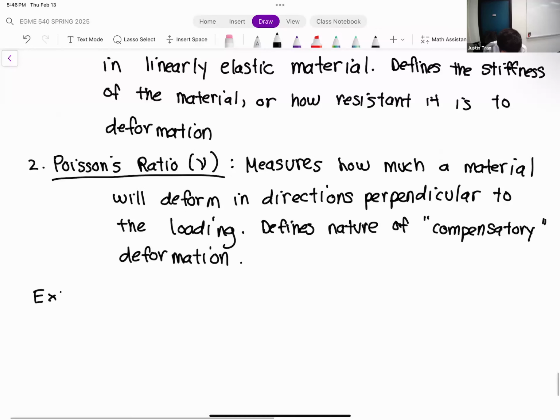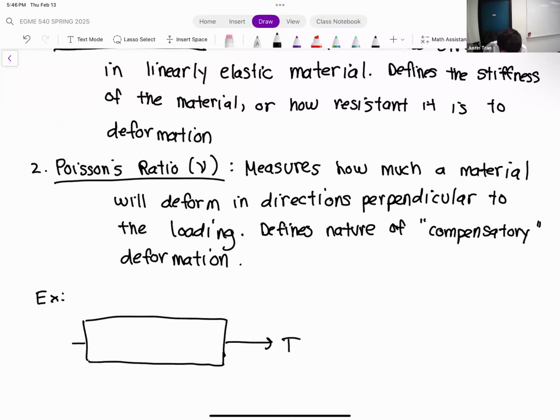For example, take a rectangle pulled by a tensile force. You're going to see that the material will stretch out. But to compensate for the fact that the material is lengthening, you're going to see a neck that's going to form as well.